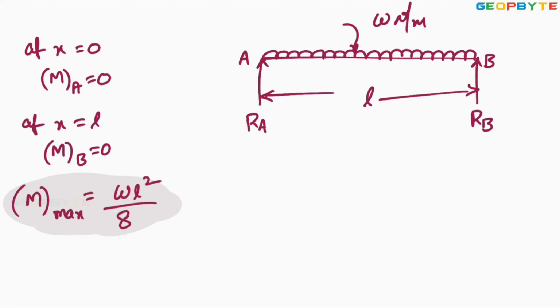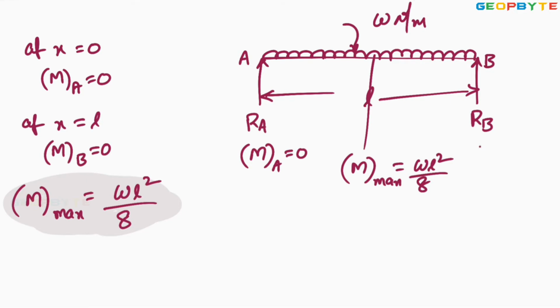Now he is asking for the bending moment at x equal to 0, that is bending moment at A, which equals 0. At the middle, the maximum bending moment is WL square by 8, and at x equal to L, the bending moment at B is also equal to 0. So the answer is 0, WL square by 8 and 0.